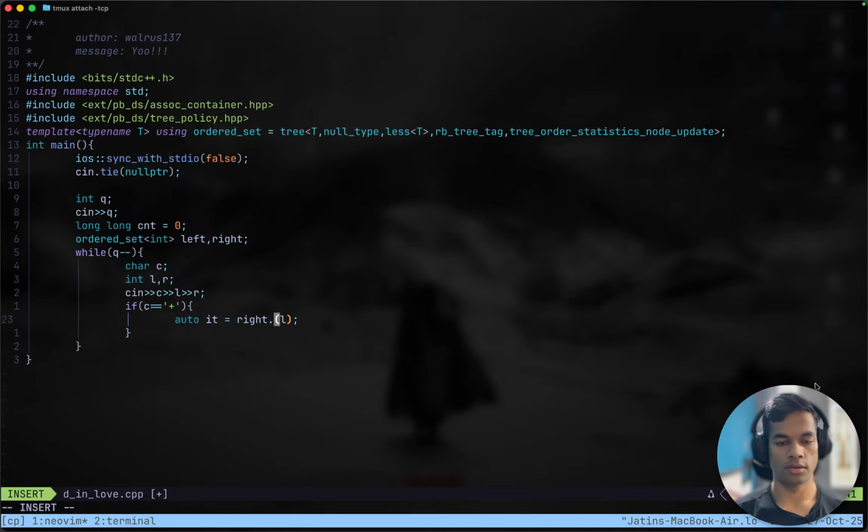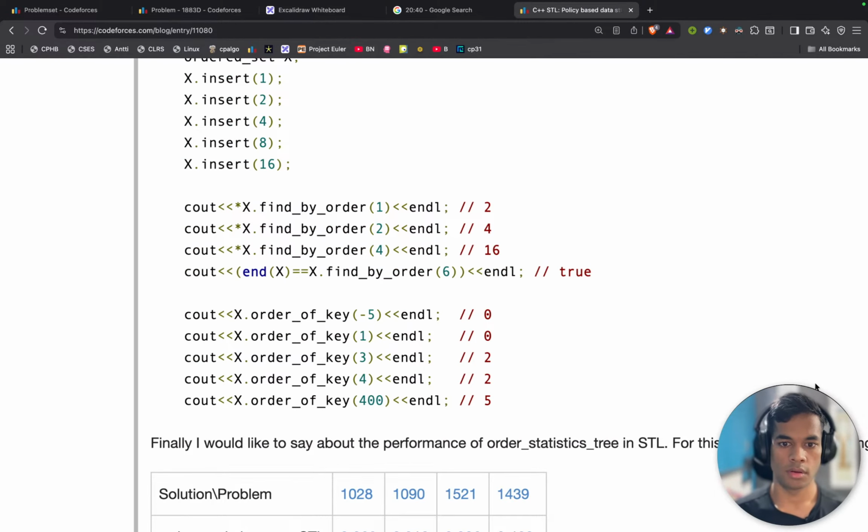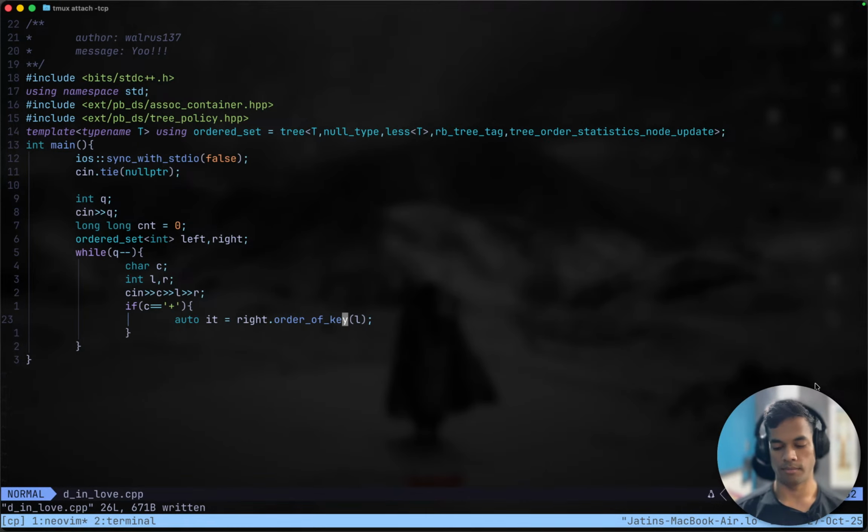Right dot order of key. That is how many numbers are smaller than this on the right. How many numbers are smaller than this left number?